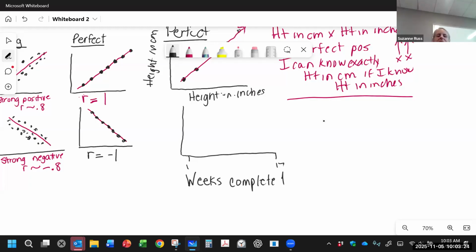If I know we've completed 12 weeks, can we know exactly how many weeks are remaining? Weeks completed, I'll write this here, by weeks remaining.